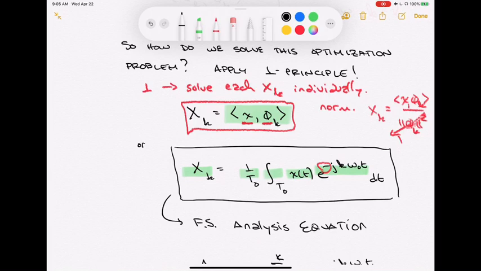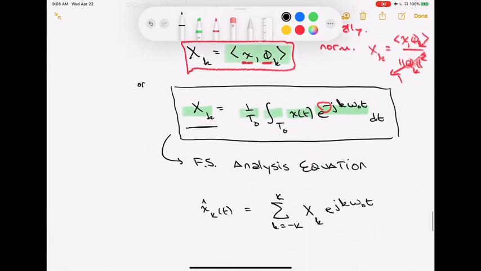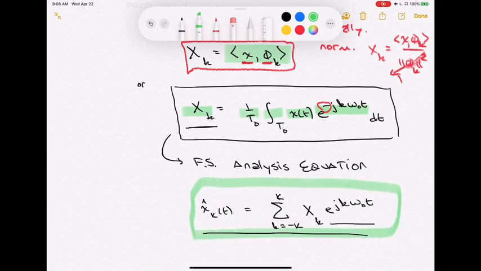This is the Fourier series analysis equation. It tells us how to compute those coefficients so that we get this beautiful construction estimate of my signal as a linear combination of harmonically related complex exponentials. So this was the Fourier series synthesis equation, or just the Fourier series, if you will. It says any old periodic signal can be represented as a sum of scaled harmonically related exponentials.